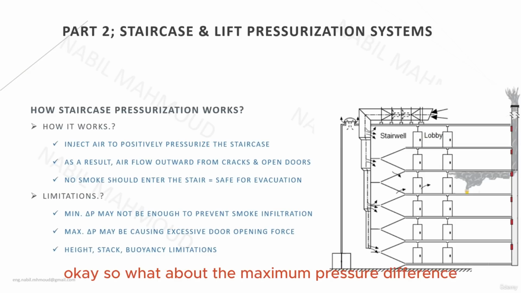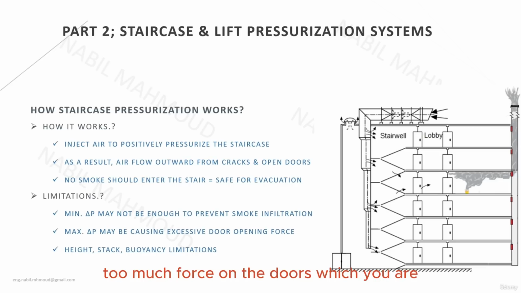Okay, so what about the maximum pressure difference? Well, maximum pressure difference exerts too much force on the doors, which you, as an occupant, will need to open to enter the staircase. And of course, as we all know, the evacuation doors always open in the direction you need to escape to. So for example, if I am a person inside the corridor and I try to open the staircase door to enter the staircase to later escape through the staircase back to the street, if the pressurization value is too much, you will find a resistance while you are trying to open the door.